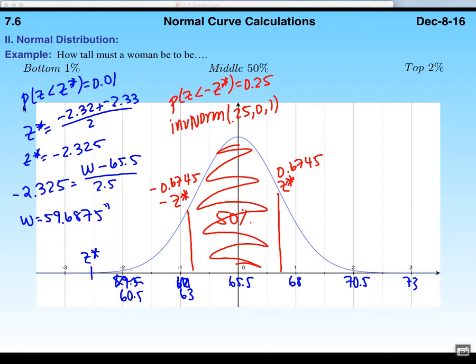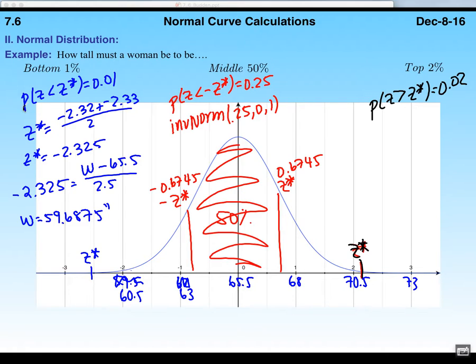Last one, if you're in the top 2%. So you're somewhere here. So the probability of z being greater than that value is 0.02. Okay, on the calculator though, the calculator only does the lower probability for inverse norm. So it works kind of like the table.